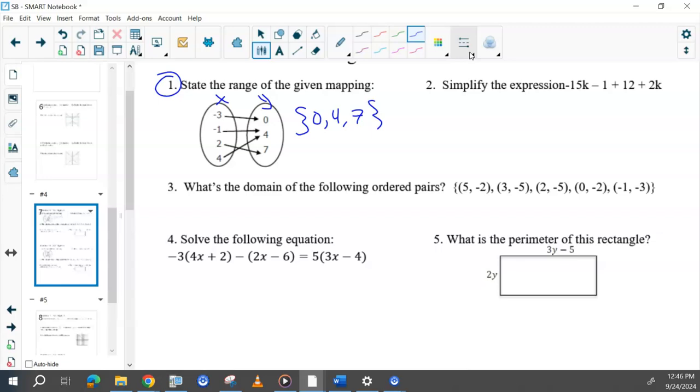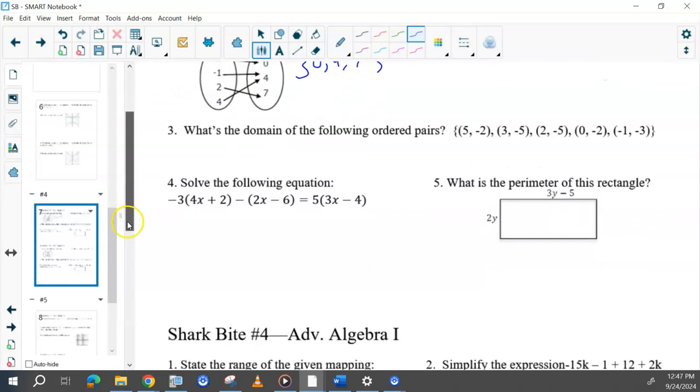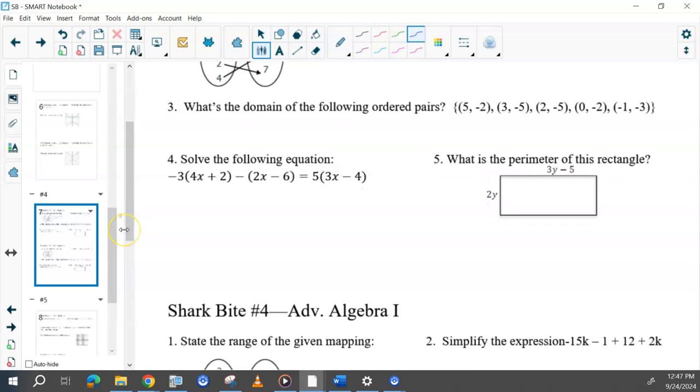Okay. And then for number 4, we are solving this equation. We can start by distributing everything that's given. This is going to be -1. So this would give me -12x minus 6 minus 2x plus 6 equals 15x minus 20. Wait, so there's an invisible 1?